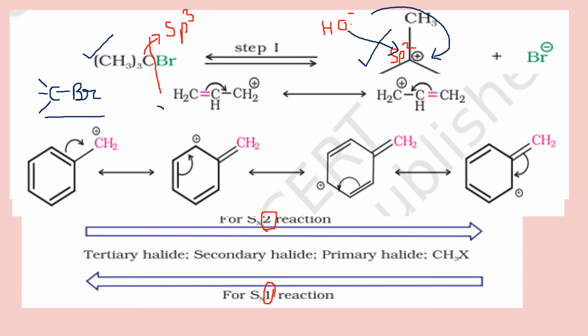Geometry would only be tetrahedral, and it may have OH here on the opposite side also. This, or the other possibility is exactly like the starting material, same orientation. So for these two, there are equal chances to get this or this. Notice the difference in their orientation.